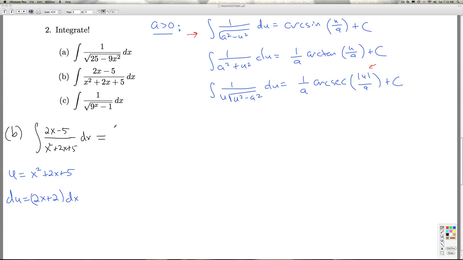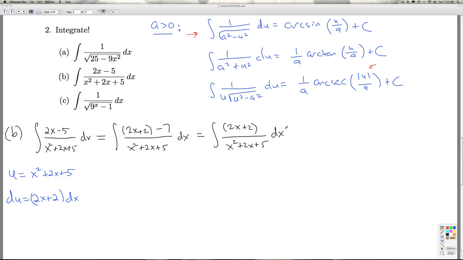If I wanted to, and this is one way to proceed, I could write this as 2x plus 2 in the numerator minus 7. And then I could separate numerators, like so.